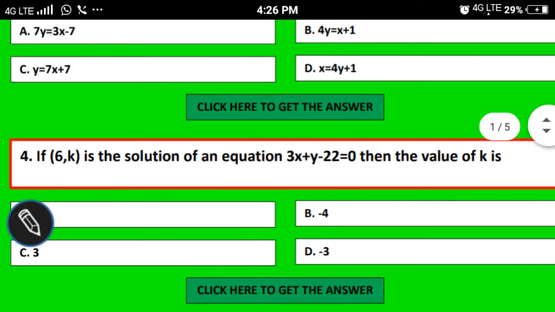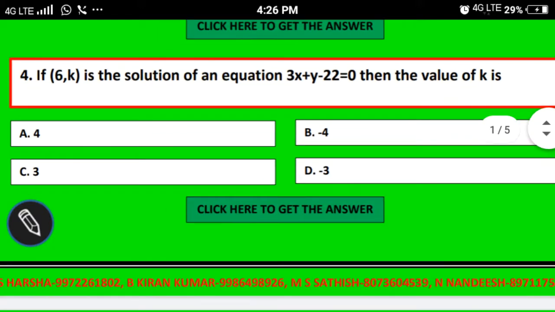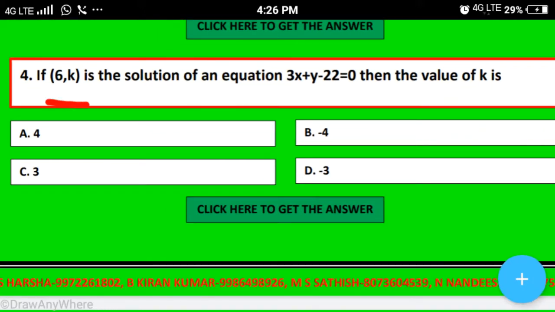Then next question, if (6, k) is a solution of the equation 3x plus y minus 22 equals 0, then the value of k is, here we have to find out the value of k. We have to substitute 6 in the place of x and k in the place of y.